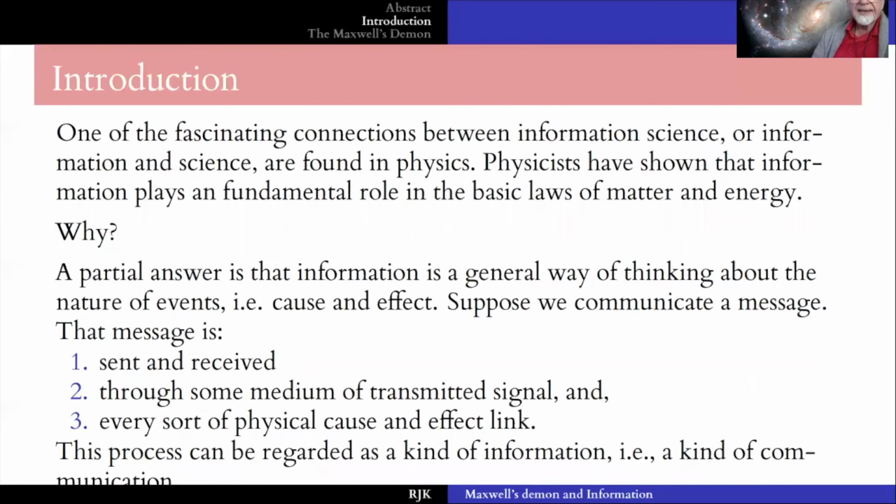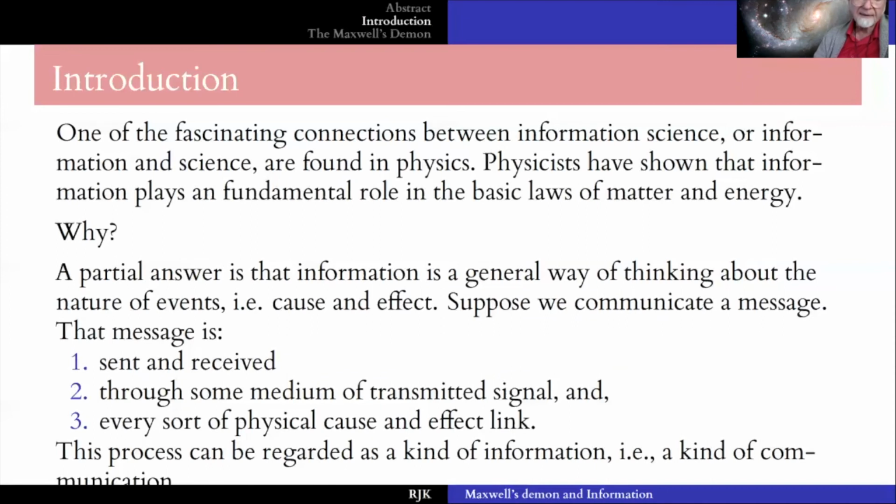One of the fascinating connections between information science and other fields is found in physics. Physicists have shown that information plays a fundamental role in the basic laws of matter and energy. Why do I say that? Well, a partial answer is that information is a general way of thinking about the nature of events, that is, cause and effect.